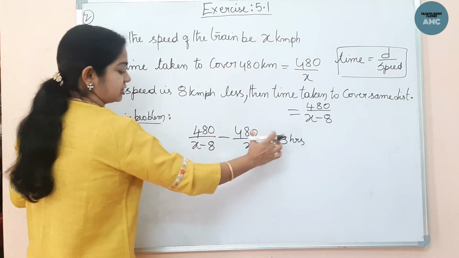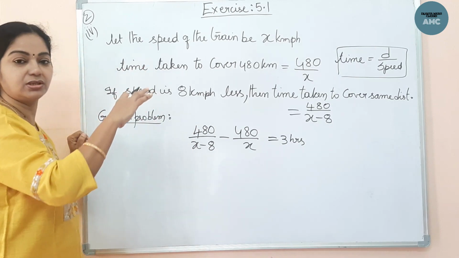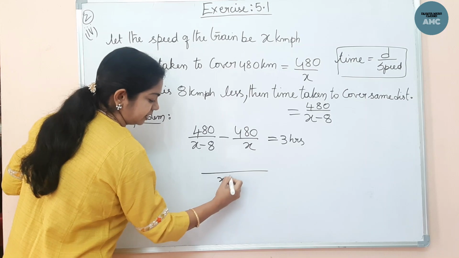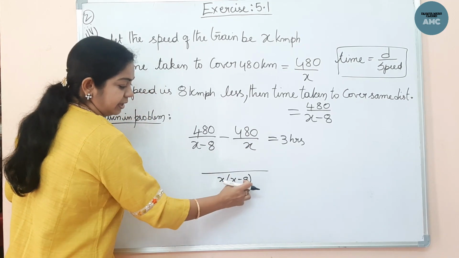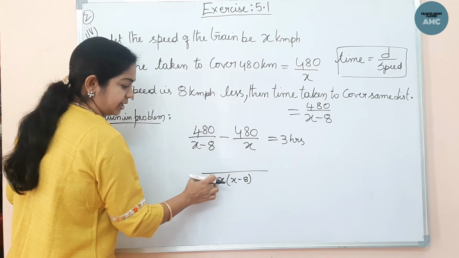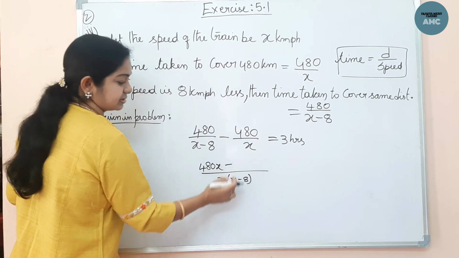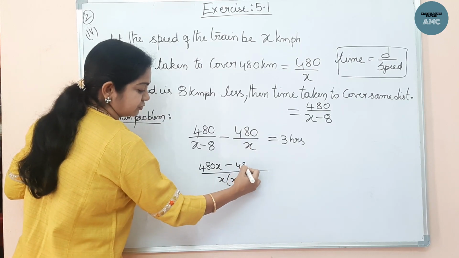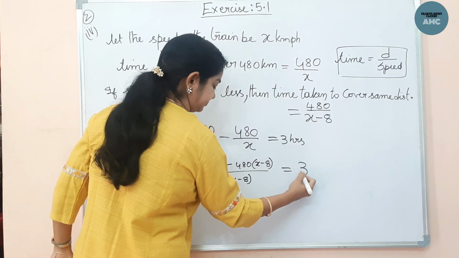Now from this situation, we will simplify it and bring it into a quadratic equation. Now if you take the LCM, x into x minus 8, these two are the LCM parts. So x must be multiplied to the numerator, 480x minus, now this must be multiplied here, so minus 480 into x minus 8, equals 3.